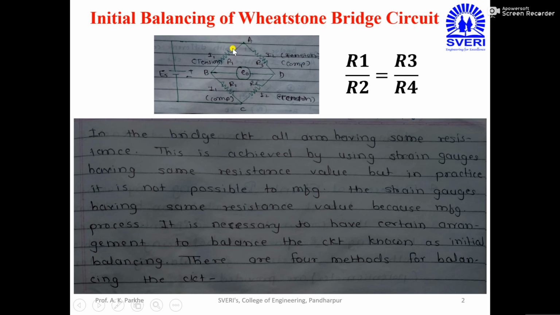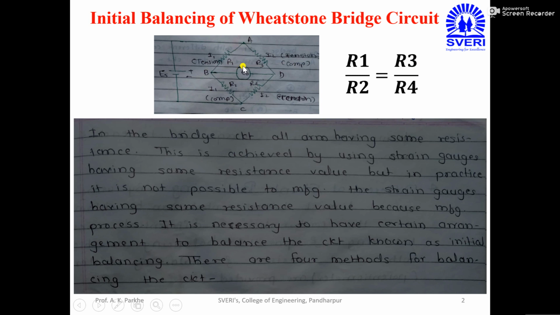If all the resistors have the same value, that is 350 ohm, then 350 upon 350 becomes 1, which is equal to 350 upon 350, which again becomes 1. That means the left side is equal to the right side. If this condition is properly satisfied, then and only then is your Wheatstone bridge circuit properly balanced.